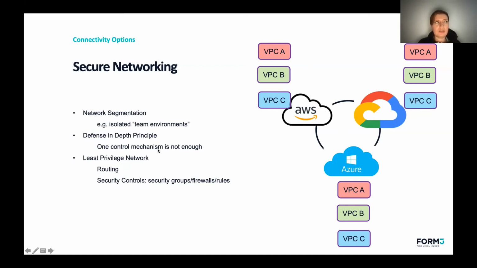Considering that we need to implement the defense in depth principle, we can't rely on only one control mechanism. So, for example, it's not enough to use security groups or firewall rules, because that's only one security mechanism.